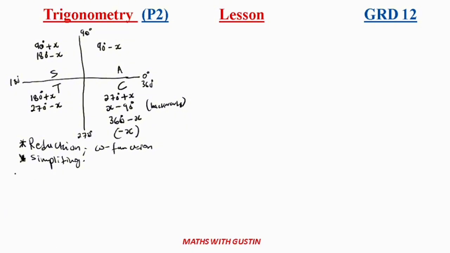But one thing to take note on this part of the CAST diagram. Remember guys, I'm giving you a summary of the whole chapter right now, and all the critical things that you need to know. So on this one, you need to know that for angles that are greater than 360, what do you do?